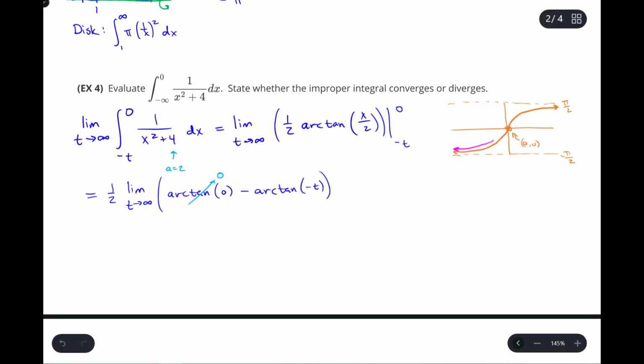And it's going to negative pi over 2. So this is approaching negative pi over 2, which means I would have 1/2 times 0 minus negative pi over 2. So really just positive pi over 2. So that would approach pi over 4. So that means this limit converges to the real number pi over 4.